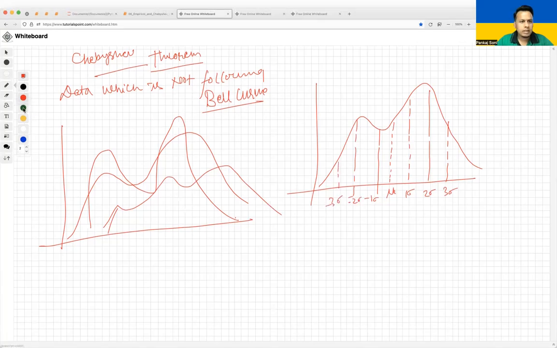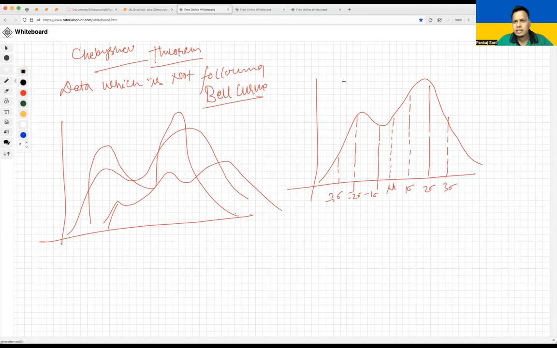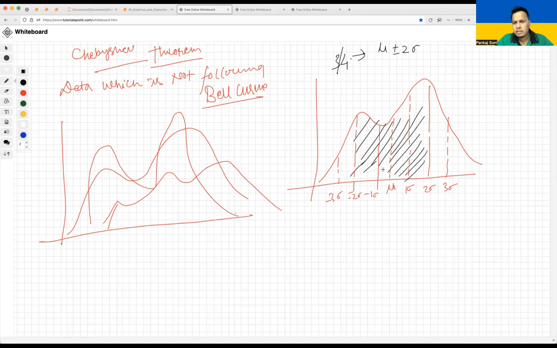So what they are telling, as per this theory, is that 3/4 of the data will fall within mu plus minus 2 sigma. If you just talk about this, this is your 3/4 of the data. 3/4 of the data falls within mu plus minus 2 sigma.